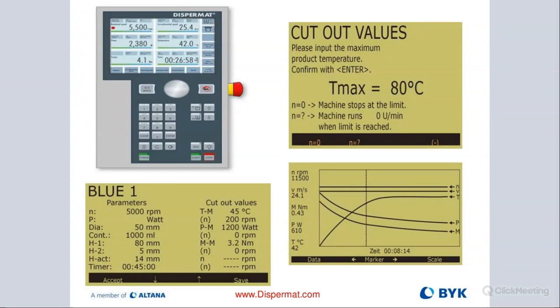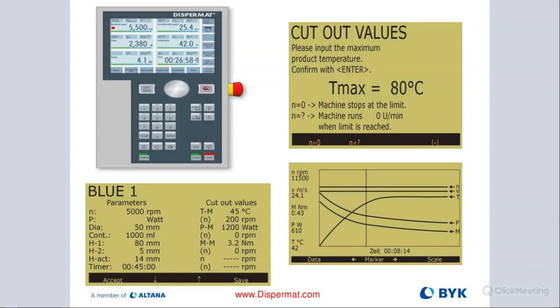This is the control panel you're looking at here. We can see the speed on top. We can also look at the amount of energy you're putting in, in watts. That's in the second row, right below the RPM with the red dot. Then we have the 4.1 Newton meters of torque.